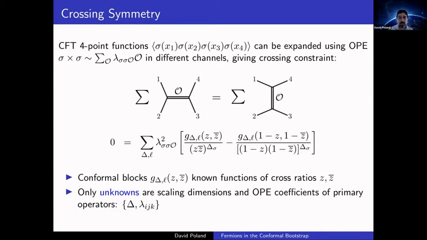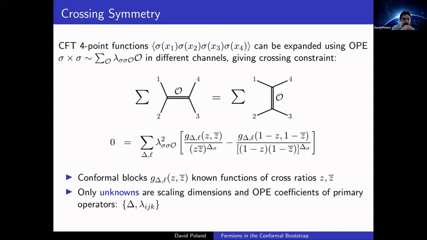This 4-point function can be expanded using the operator product expansion. So you say, if I take 2 sigmas near each other, this can be expanded in a sum over conformal primary operators O, in particular local operators O. And there are some coefficients showing up in this expansion, which I'm calling lambda ijk.